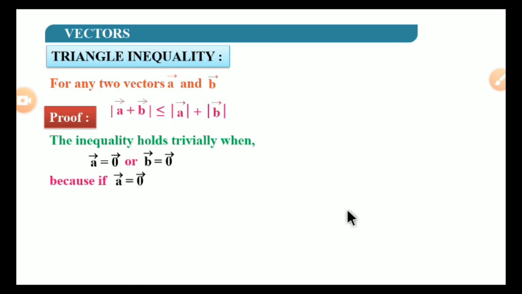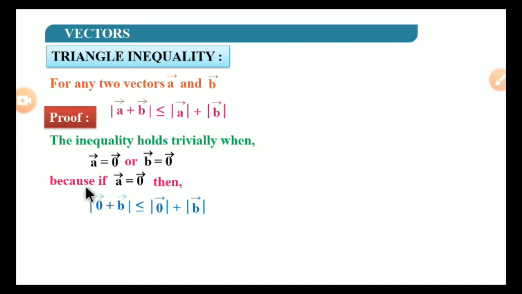if vector A is equal to 0 vector, then the magnitude of 0 vector plus B vector is less than or equal to the magnitude of 0 vector plus the magnitude of B vector.